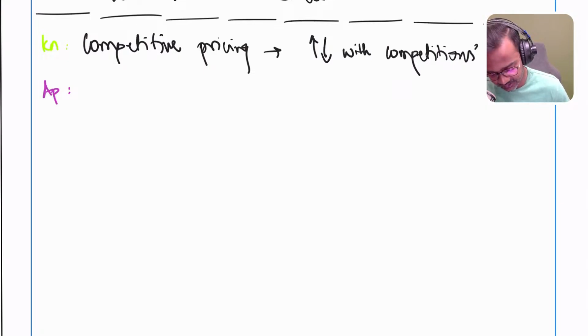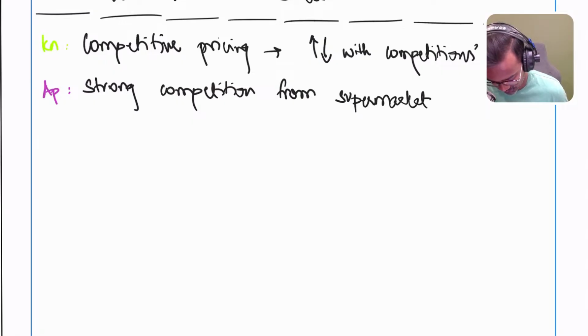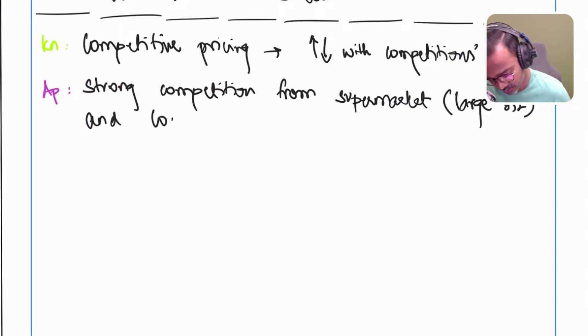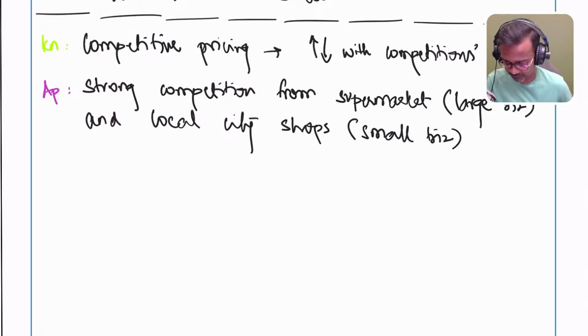And I'll explain that there is first strong competition from a supermarket, which basically is a large business, and local city shops, right? Which is, I guess, a small similar business like FF. Excuse me.